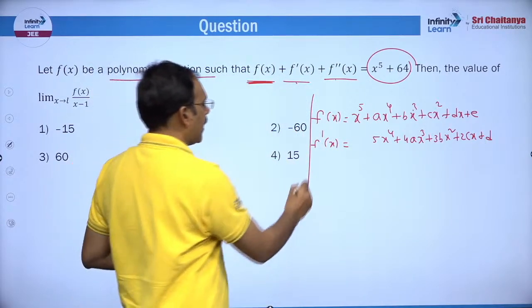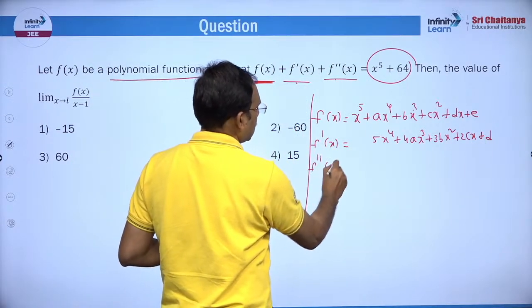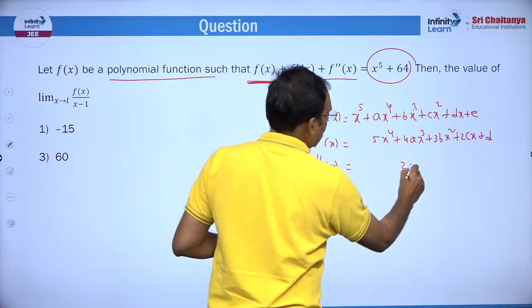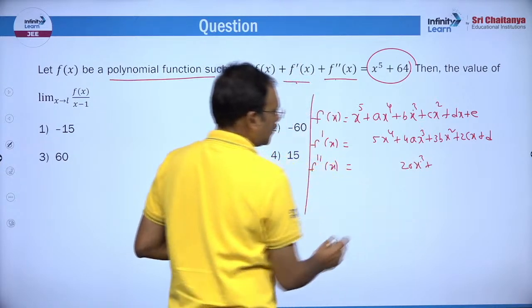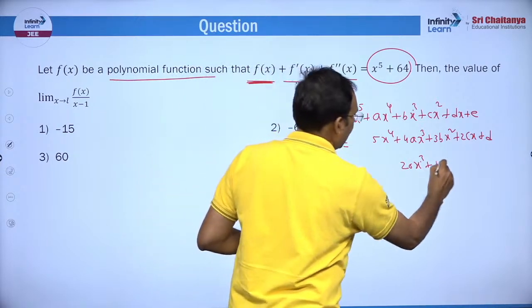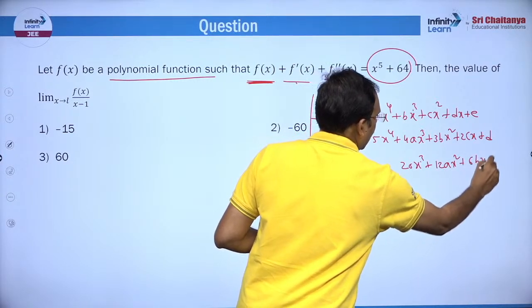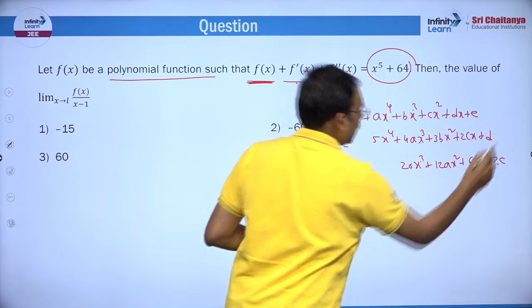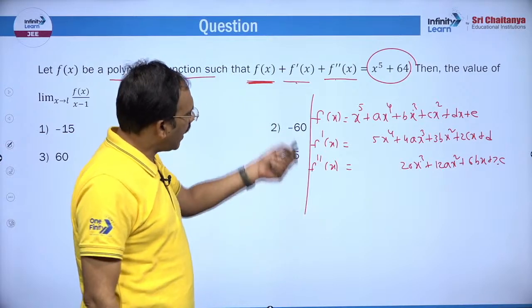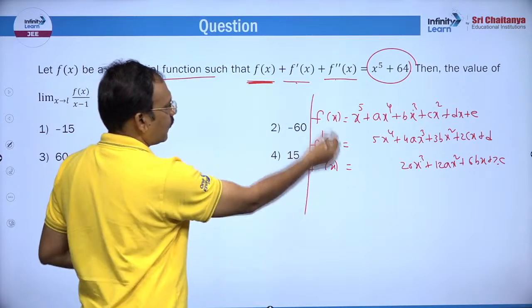Okay. And f double dash of x you can write as 20x cube plus 12a x square plus 6bx plus 2c. Now if you add all these, x power 5 is fine.